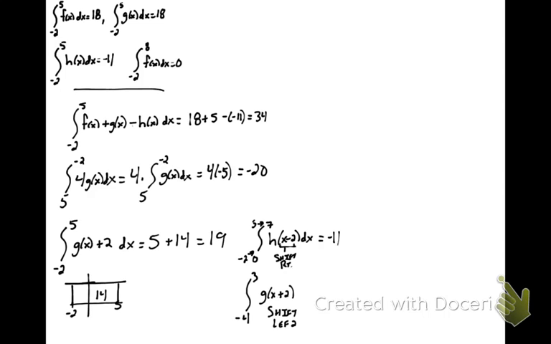So that means 5 has been shifted left to 3, -2 has been shifted left to -4, so it's still the same function. That's why this value will be 5. So there you have another type of problem that's really related to definite integrals and areas.